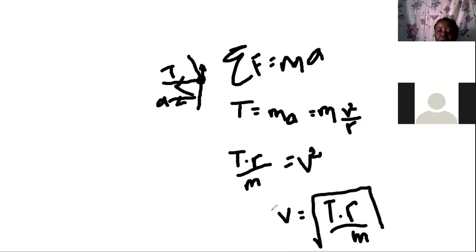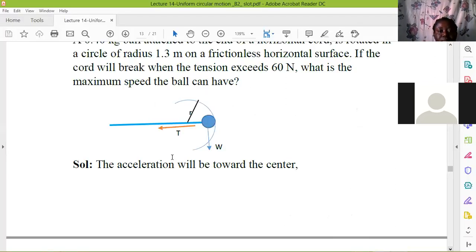So we put in the values we are given. If we substitute, the tension is 60 Newtons. We multiply this with our given radius, 1.3, if I'm not mistaken. Then we divide by the given mass. I can't remember what it is. What is the mass?